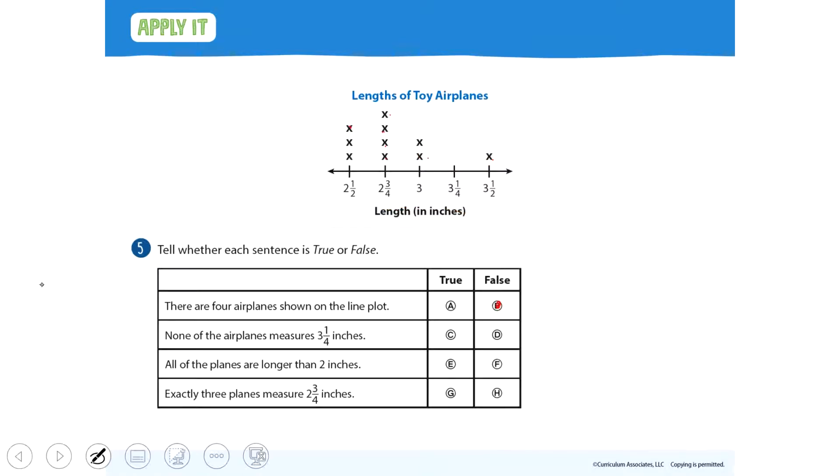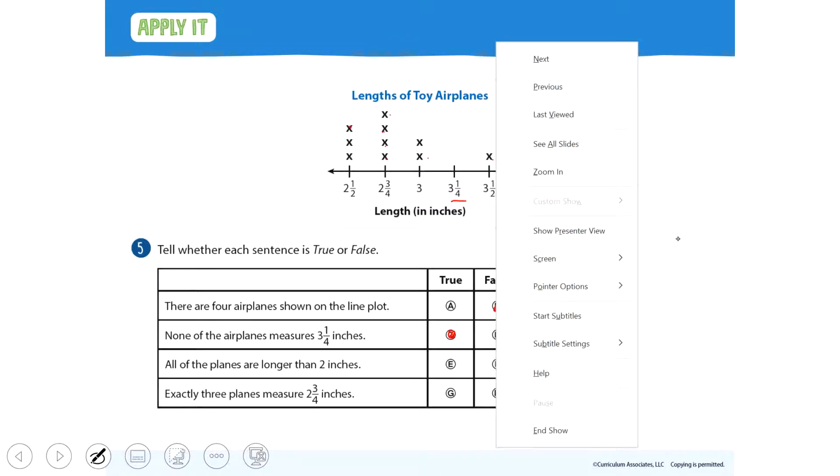Next question. None of the airplanes measures 3 1/4 inches. I'm going to look at 3 1/4 inches, which is right here. I've got no X's, so that is true. Next, all of the planes are longer than 2 inches. Let's think about that.